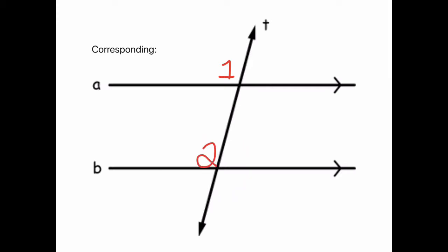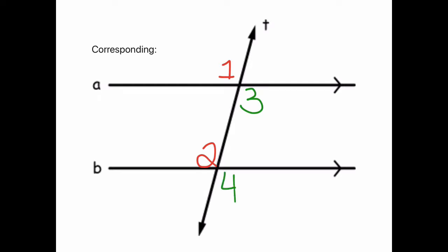So this angle right there, angle 2, would be corresponding to angle 1. Some other ones here, I'll do the bottom right corner of this top intersection here. We'll call this angle 3. And then the bottom right corner of this intersection here would be corresponding to angle 3.